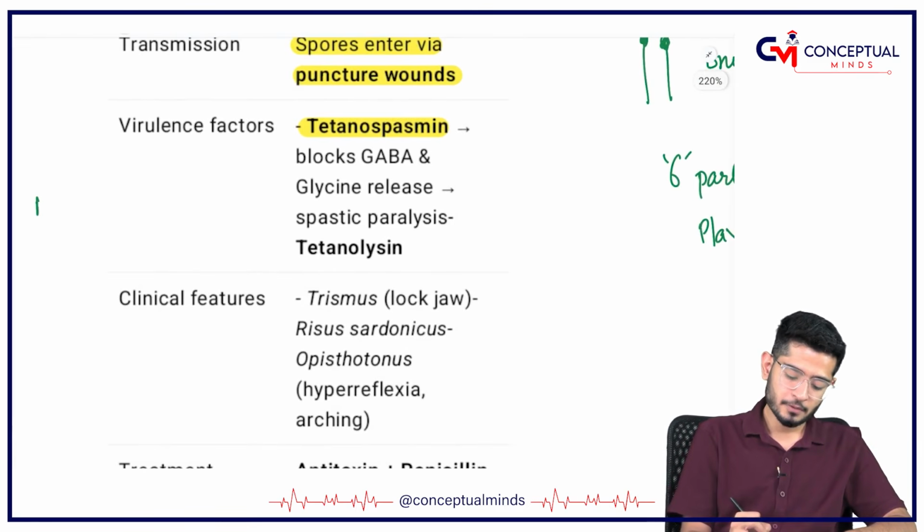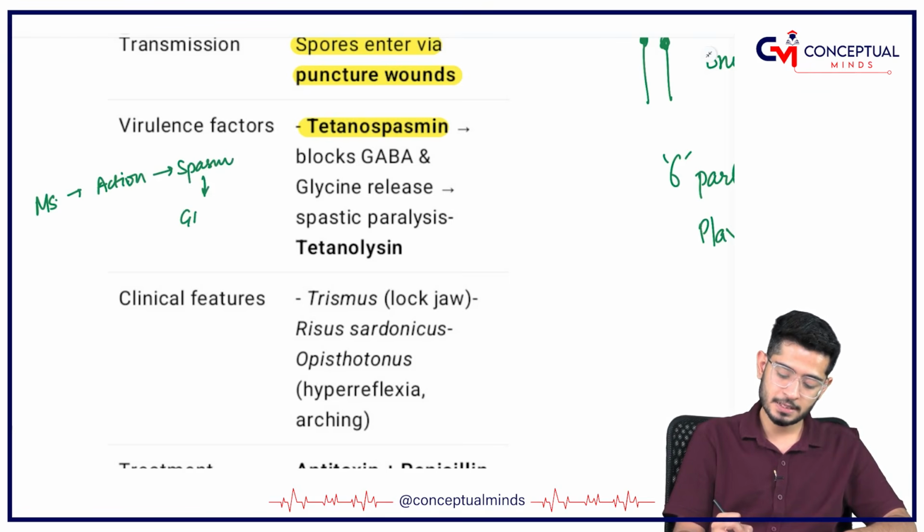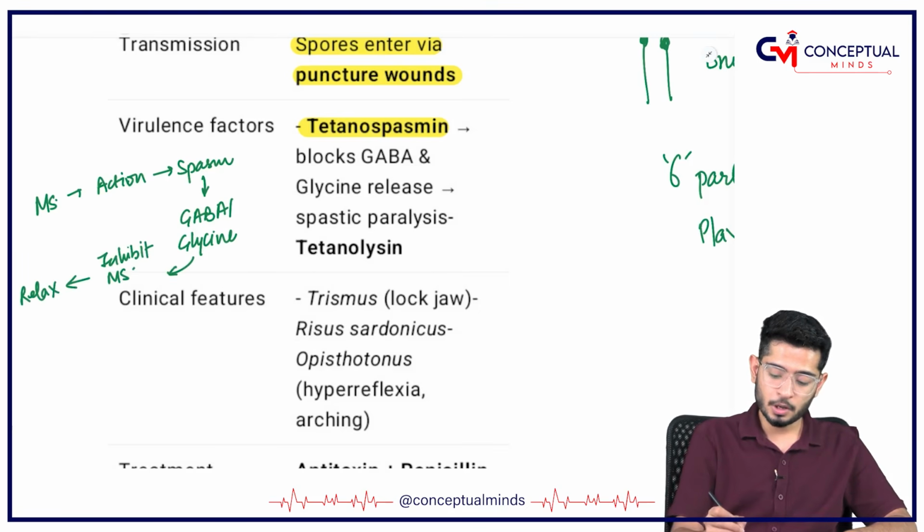I told you, for example, if some muscles are in action and continuously in action, they will undergo spasm. This will have the release of GABA or glycine, and this GABA and glycine are going to inhibit the muscle and the muscle will be relaxed. So what does tetanospasmin do? It kills the GABA and glycine.